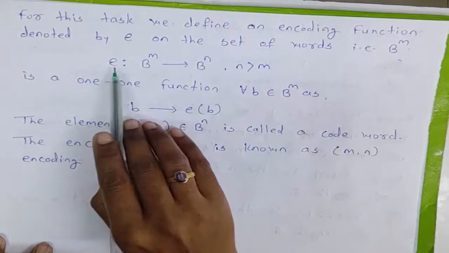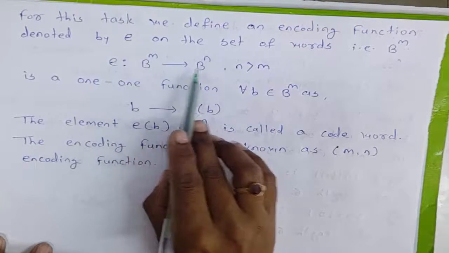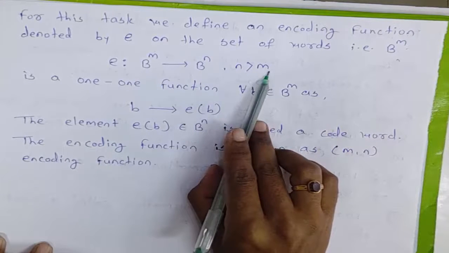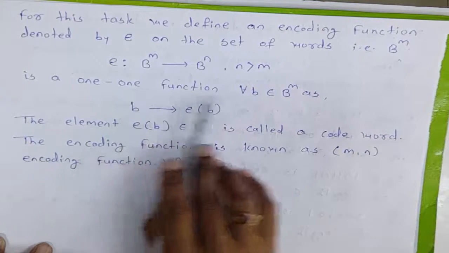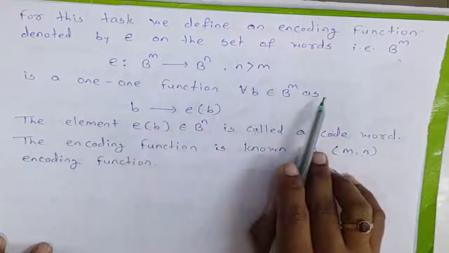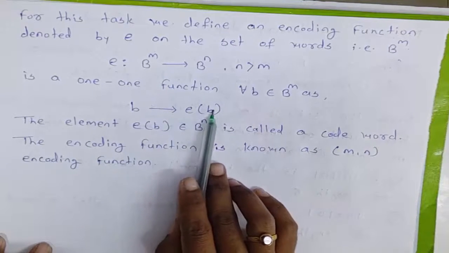So E is defined as E from B raised to m to B raised to n, where n is strictly greater than m, is a 1-1 function that takes b belonging to B raised to m to E of b.